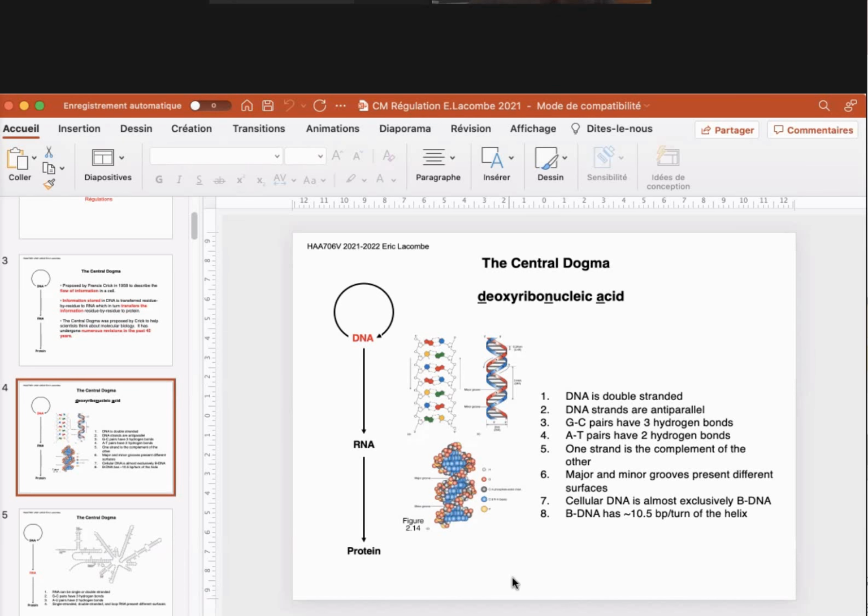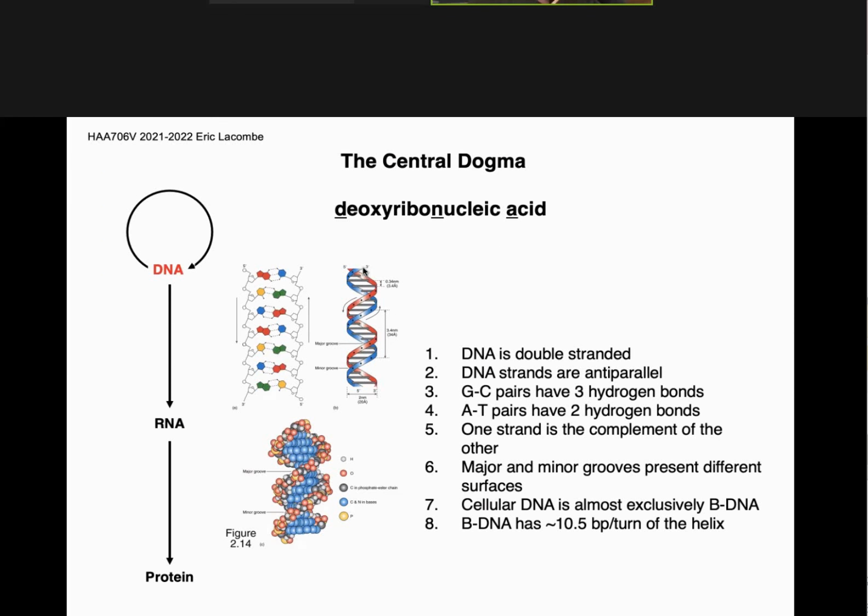Yes, you can see. If you don't tell me, because I've got technical problems. So the major groove, look at there. You see the blue spiral and the red spiral. You know that the minor groove is this groove, which is really smaller than this one, which is bigger. You know that?